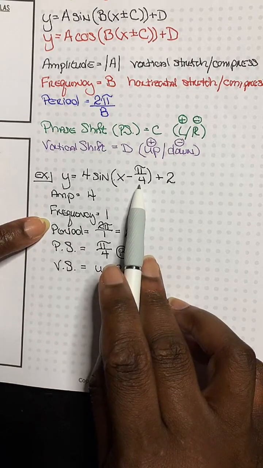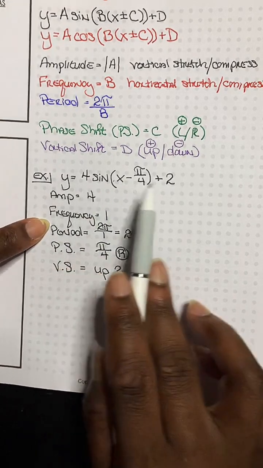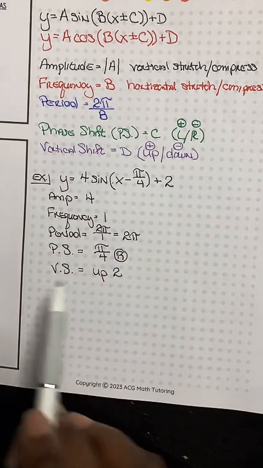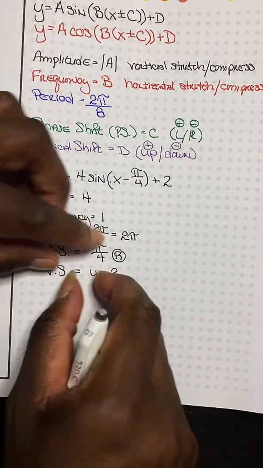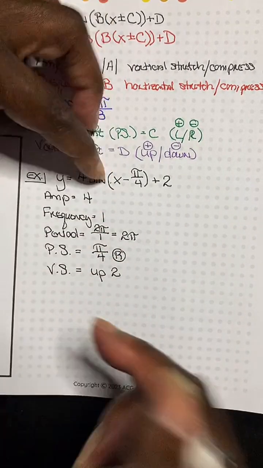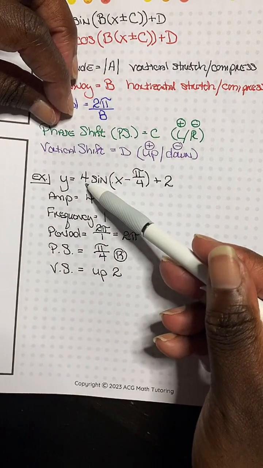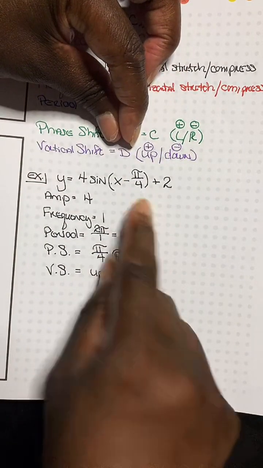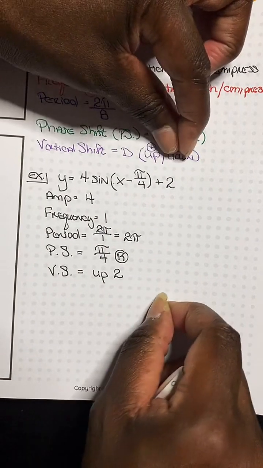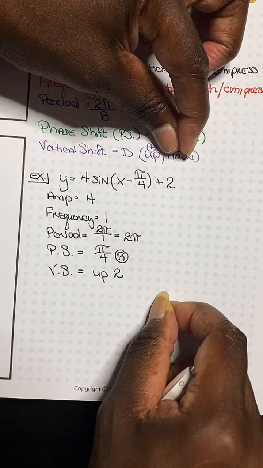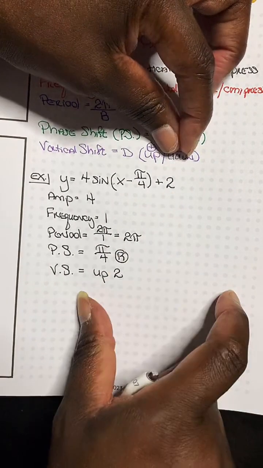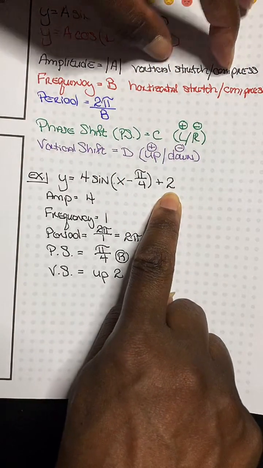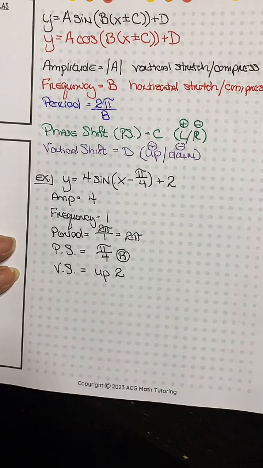But then a couple of things are happening that shift it along the graph. I'm giving a vertical stretch because now it's not a 1, it's going to stretch up 4. Then there's a phase shift, which means I'm shifting it over to the right pi over 4. And then I'm going to take my whole entire graph and raise it up 2 units because of my D.